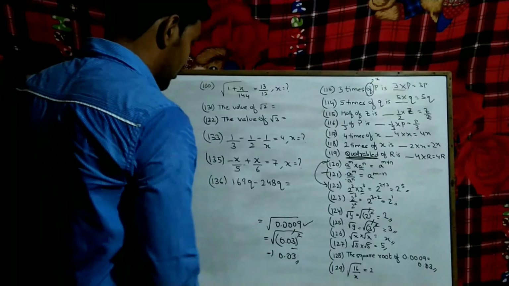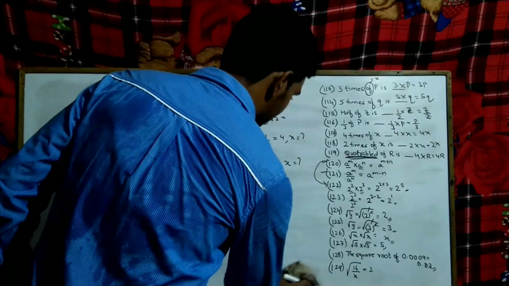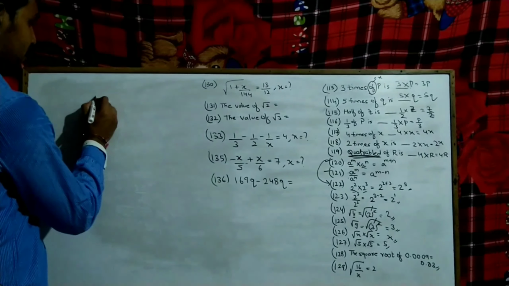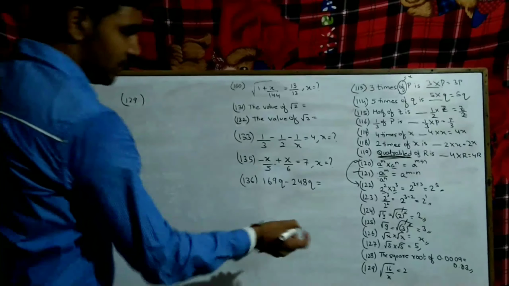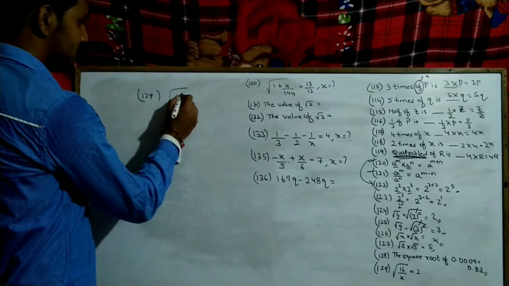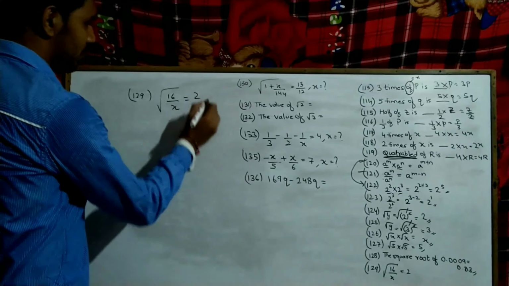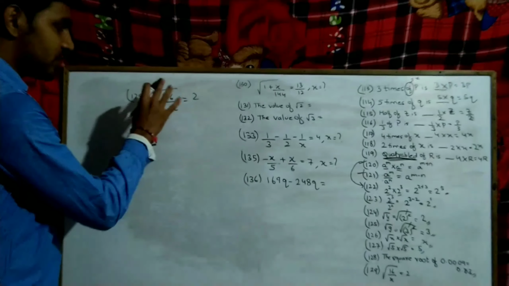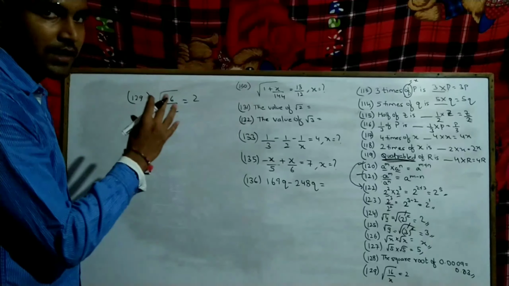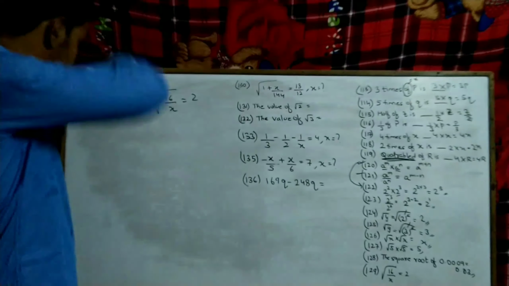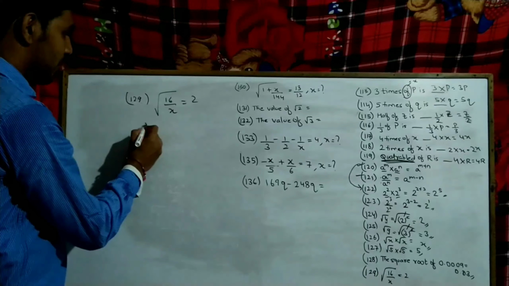Okay. Now 129 sum. Remember how to do now. Say 129, root of 16 by x is equal to 2. Remember, if roots are there in the question, then you have to just square both sides.